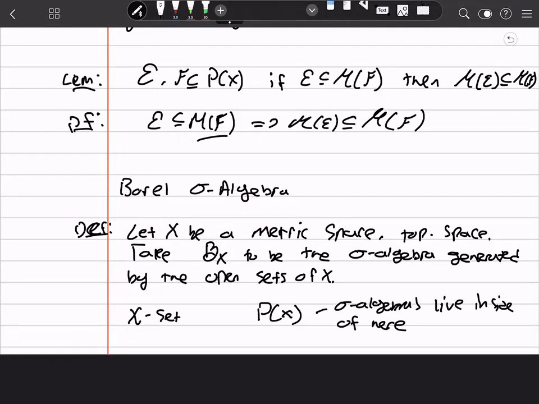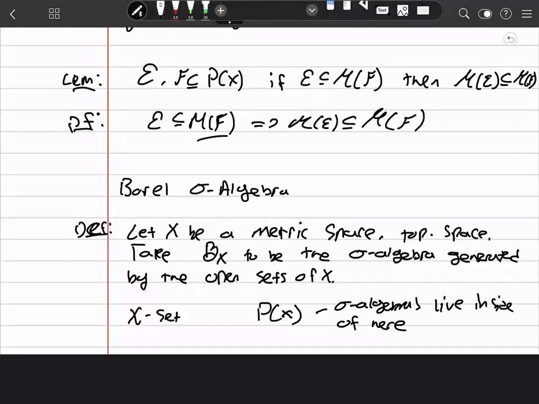What we do is, inside of the power set of X, which is a massive object, if X is R, let's say, or Q or anything crazy, the power set of X is going to be massive. So all of our sigma algebras are contained within the power set, and what we do is we look at the sigma algebras that contain all of our open sets, right?